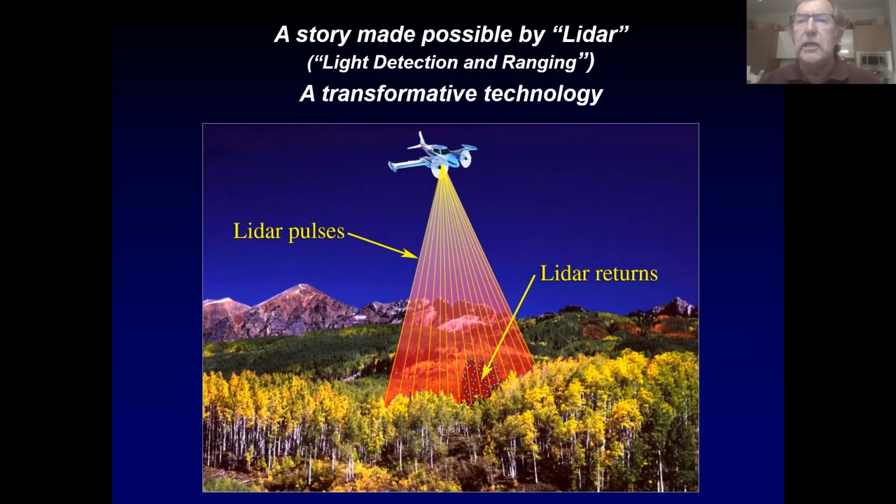The beam reflects on anything at the surface, and as the aircraft moves forward, you get a swath of these beams moving across the landscape.